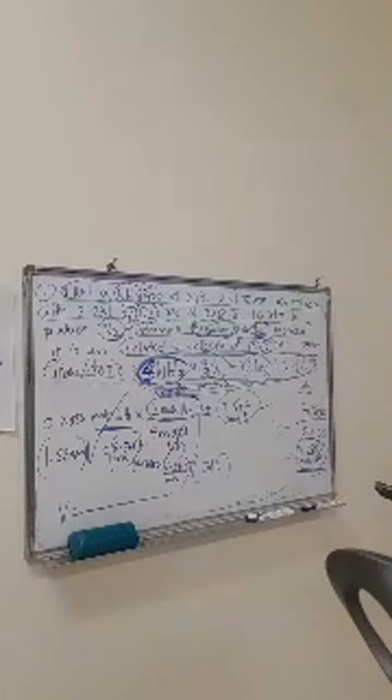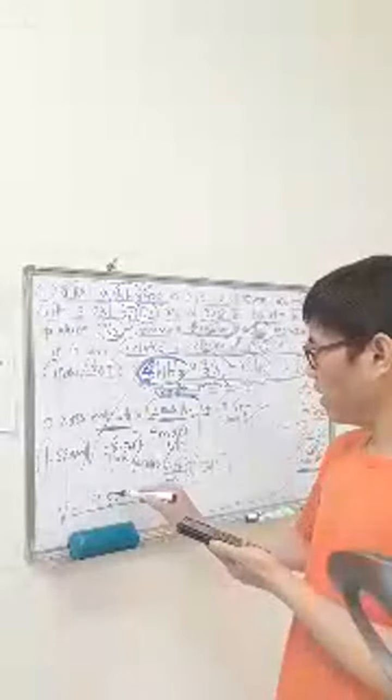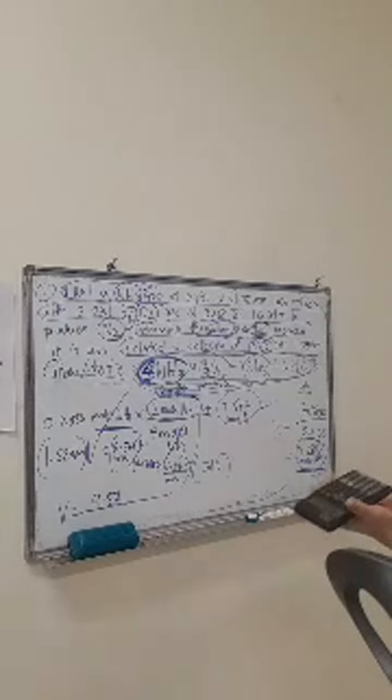So, 0.571 times 0.08206 times 310, divided by 1.52 is equal to 9.55 liters. 9.55 liters of nitrogen gas. Okay, guys, this is going to be the situation.